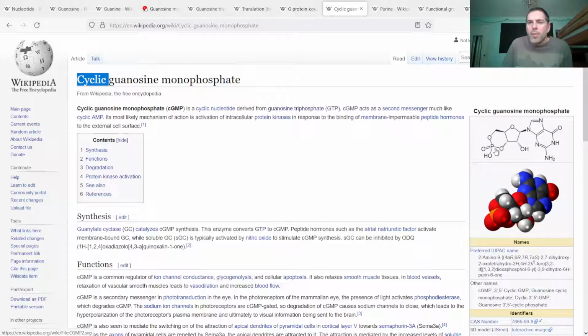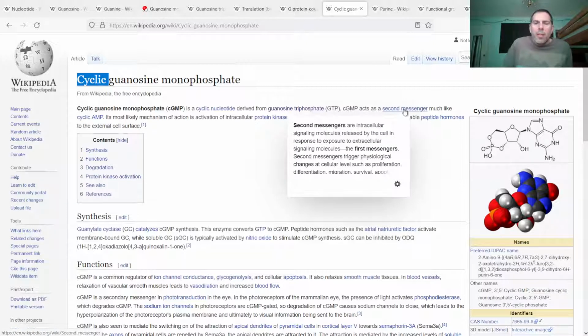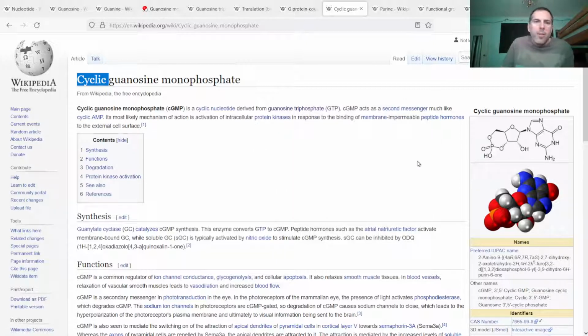So it kind of just creates this cyclic loop here and prevents the nucleotide from forming a chain because the phosphate's used up and the 3' hydroxyl group is used up. So that's a signaling molecule. It's a second messenger, meaning some hormone or something was the first messenger, and this is later in the chain of messages being converted from one form to another.